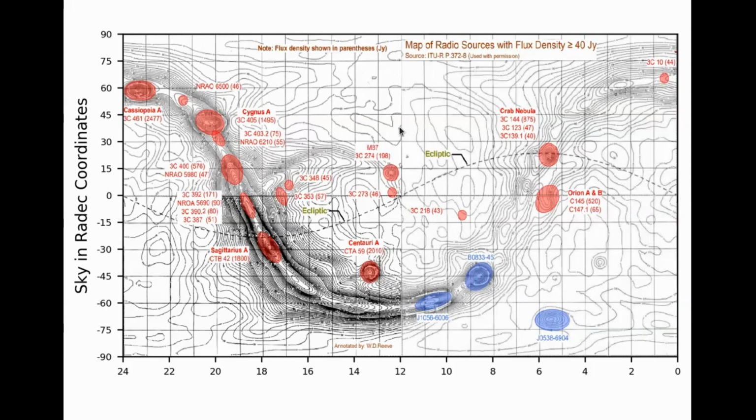There's some exciting spots on the map marked in red, which have a bunch of radio emission coming from them, particularly down here near Sagittarius A star, where the center of the galaxy is. They now think there's a black hole at the center of our Milky Way at this location.